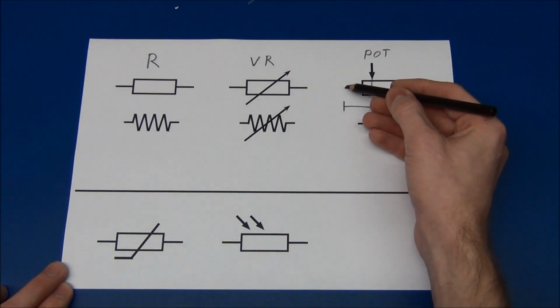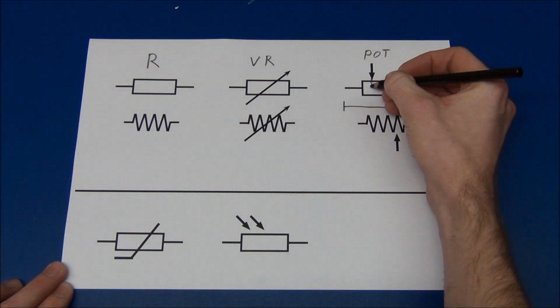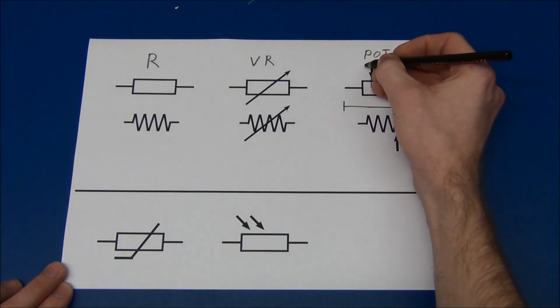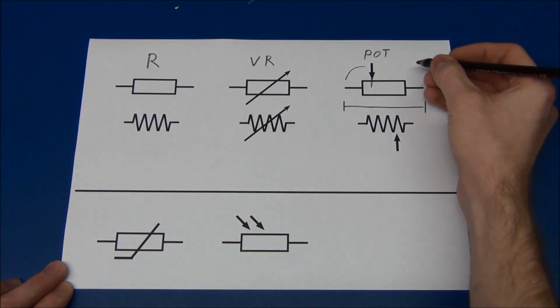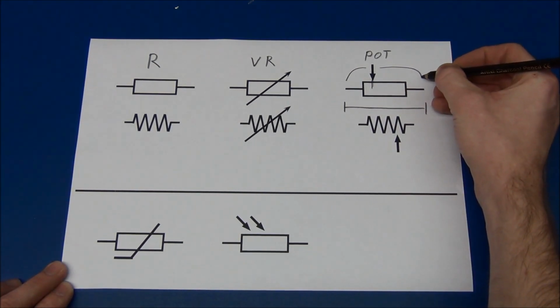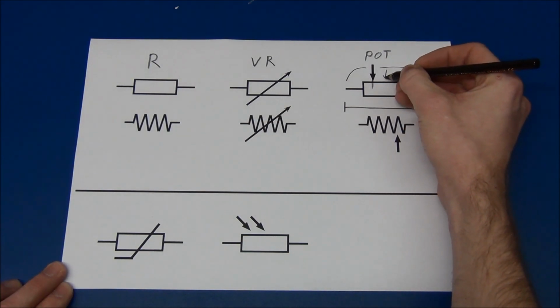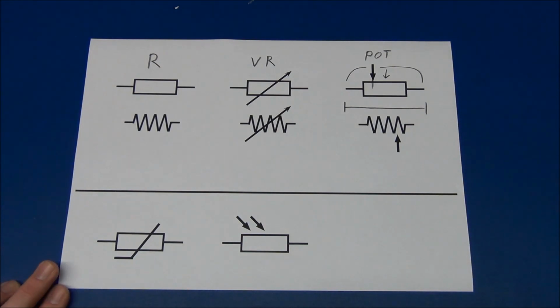So if this is a 10k resistor, 10 kilo ohms, and this wiper is at about 20%, that will give us 2 kilo ohms from the wiper to this terminal, and the remaining 8 kilo ohms will be to this terminal. If we move this to the middle, we will have 5 kilo ohms to each side.